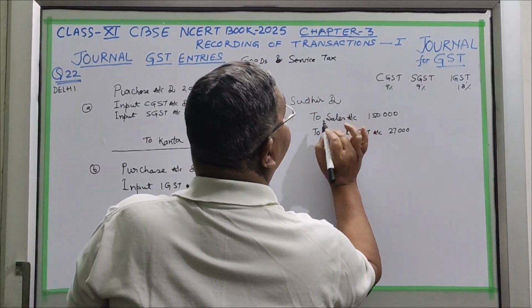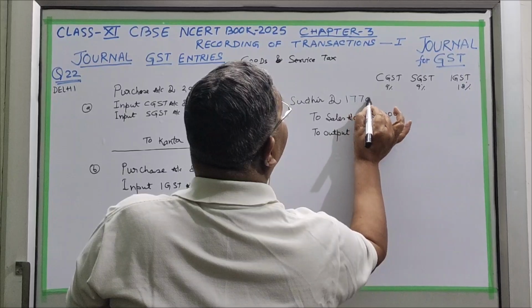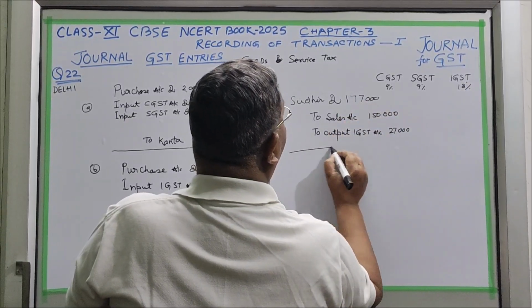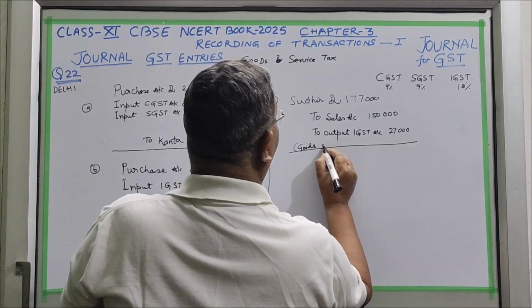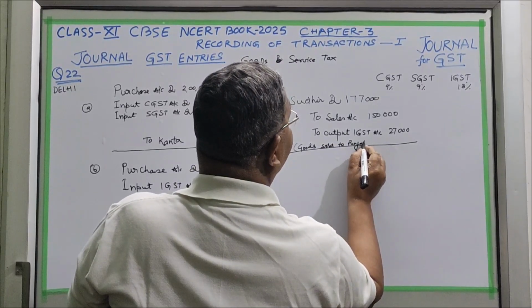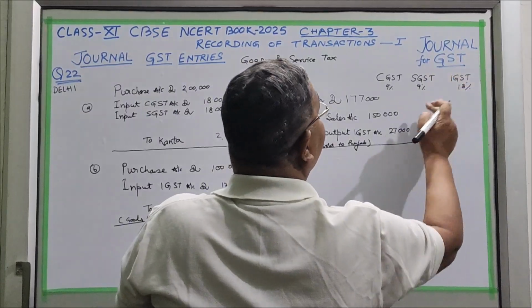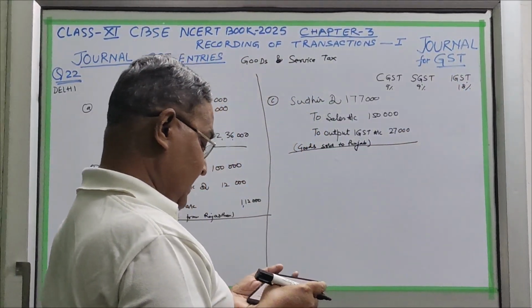So total will be 1,77,000, goods sold to Punjab. It is from Delhi to Punjab. It is interstate, so 18% rate will be applicable.